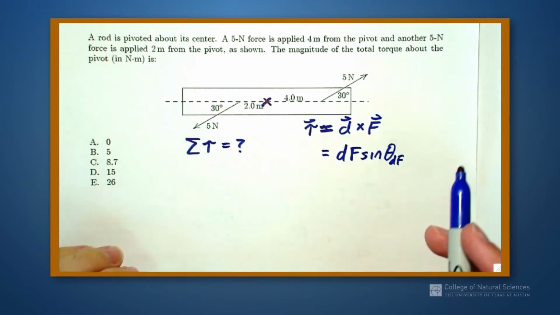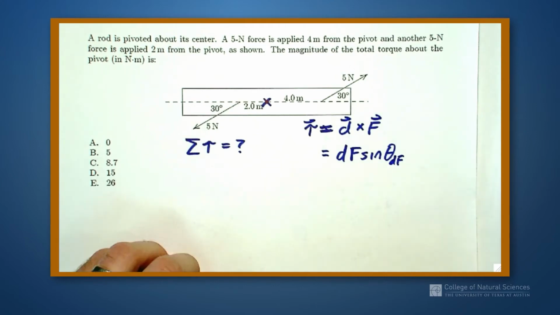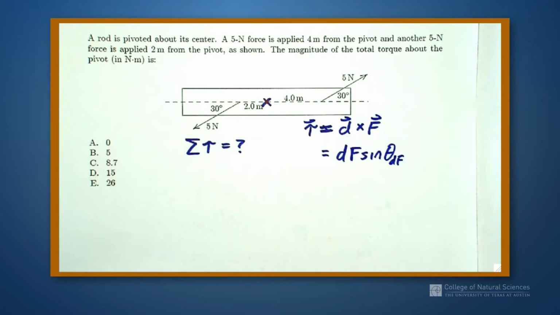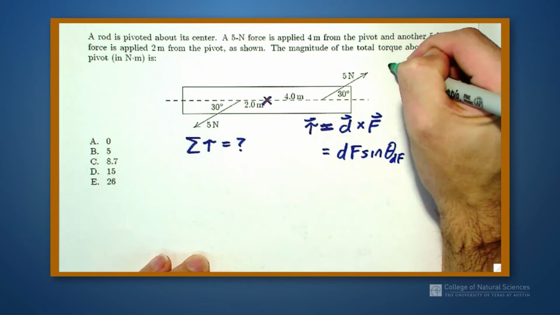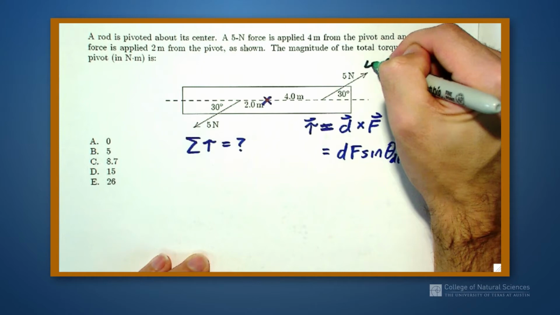So I have to ask myself, what are the magnitudes? I have my two forces. They can give me two torques, so I have to calculate what the values are. So this one up top, on the right, is 5 newtons at a distance of 4 meters away.